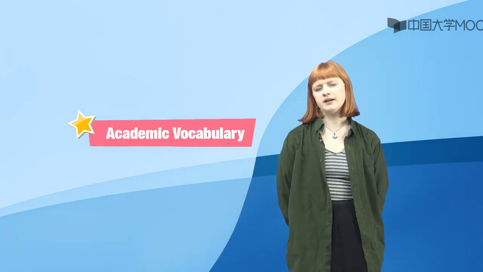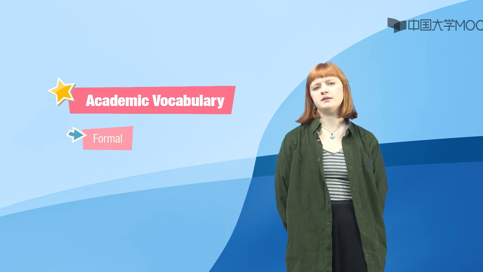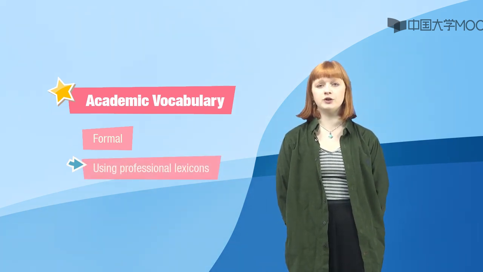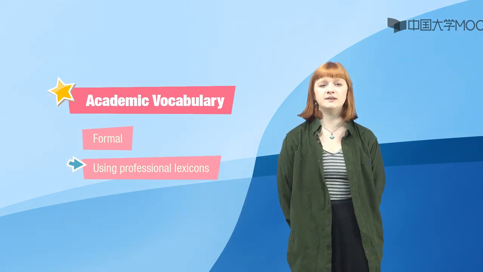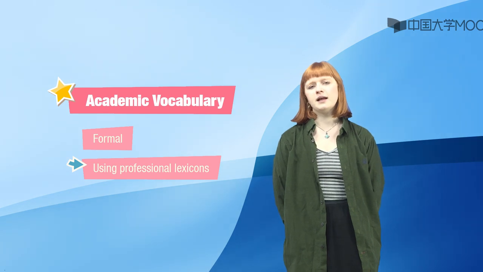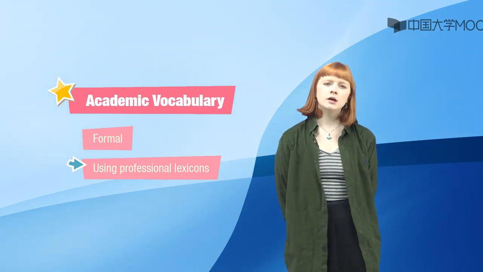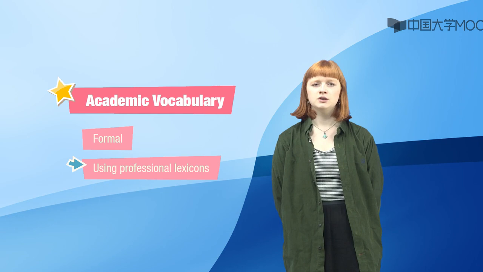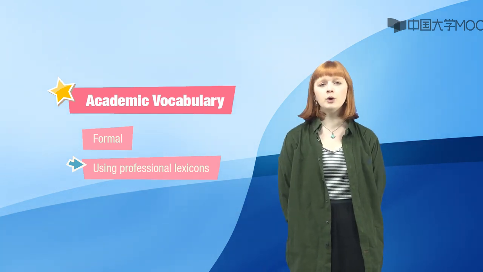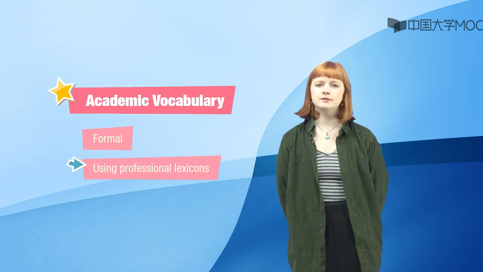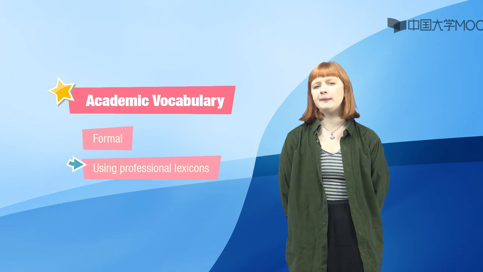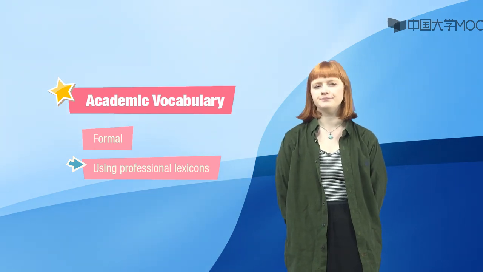Academic vocabulary is more formal than everyday words, and sometimes it is necessary to use professional lexicons when explaining notions in particular fields. In addition, academic explanation may adopt longer and more complex structures to increase the density of the sentence. What's more, nominalisation, that daily explanations tend to ignore, can be widely applied in academic settings.